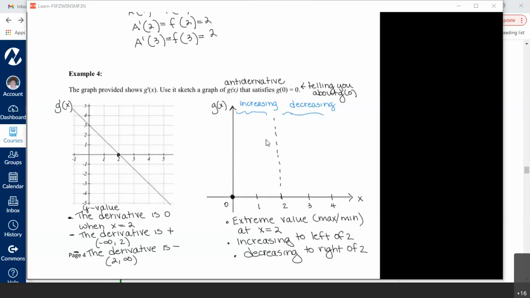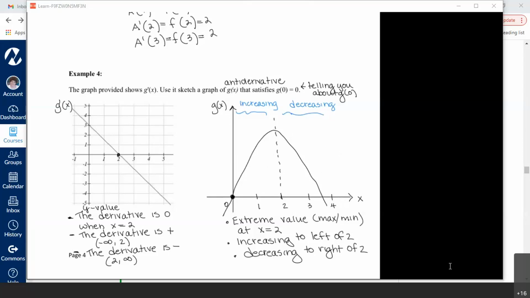Also, since this derivative looks linear, that must mean your original function was quadratic, because when you differentiated it, you dropped the degree by 1. So I would propose that our function looks something like this. I don't have any information about too many of the y values or how high up the max is, but I can draw a parabola and I know it's upside down because I need to have a maximum.